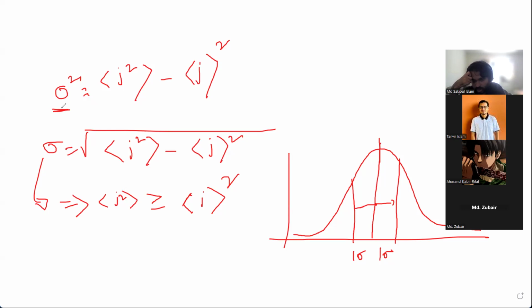is that we try to get only the positive things. When we take the j average and do the square, we take all the positives. It could be anything. Let's say you have some average of negative values.